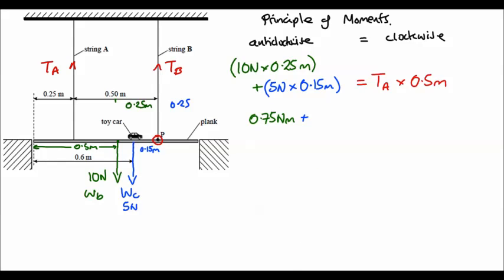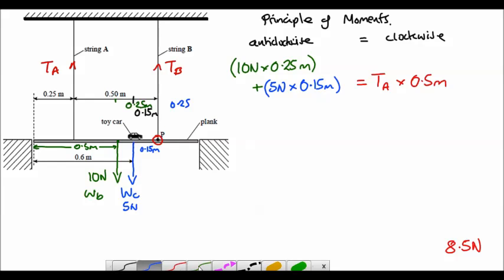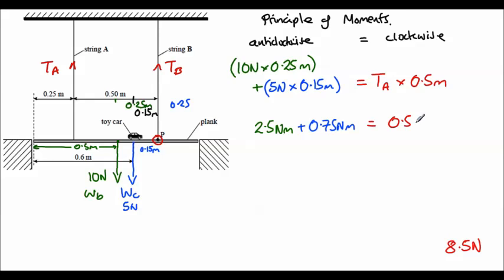For the bridge, we've got 10 newtons multiplied by 0.25, which comes out as 2.5 newton meters. And for the car, it's 5 newtons multiplied by 0.15. That gets you 0.75 newton meters, and that's going to be equal to 0.5 of TA.